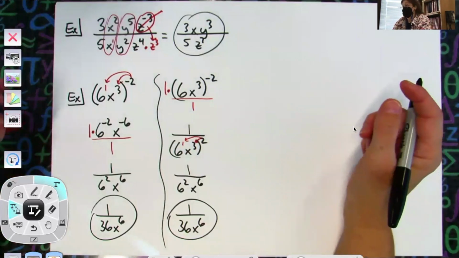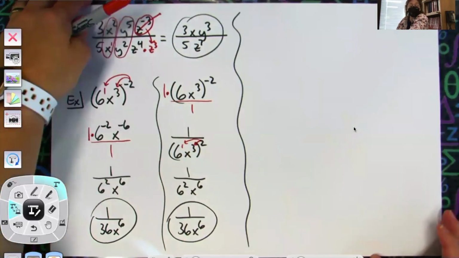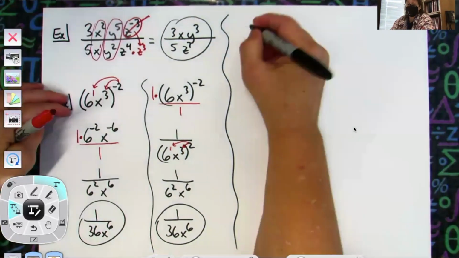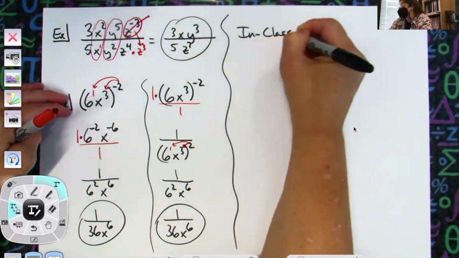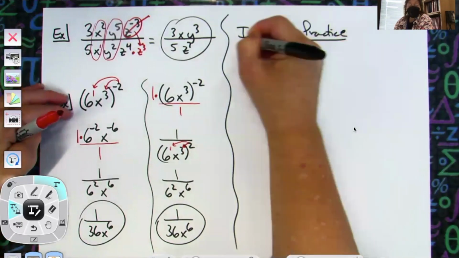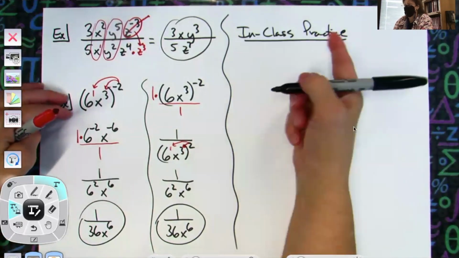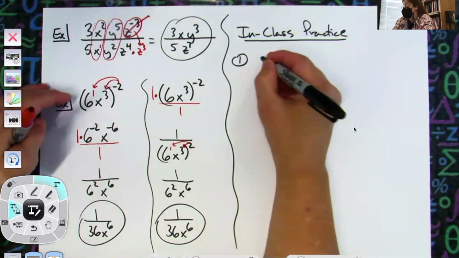Okay, so far so good? All right, now what I want to do is give you 3 problems, just for a little in-class practice. 3 problems shouldn't take you very long, so we'll go ahead and do this. Label it in-class practice in your notes so I'll know that you did it without me working it out.